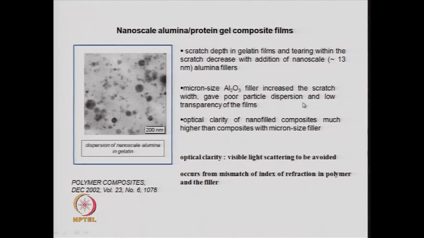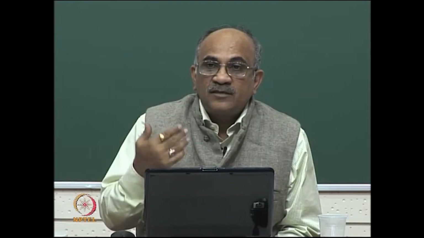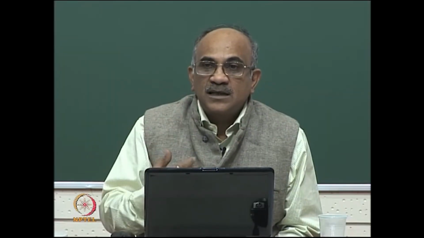And if you compare micron size alumina filler with nano sized alumina filler, you will find that the scratch resistance is larger in the nanoscale film which has nano sized alumina.